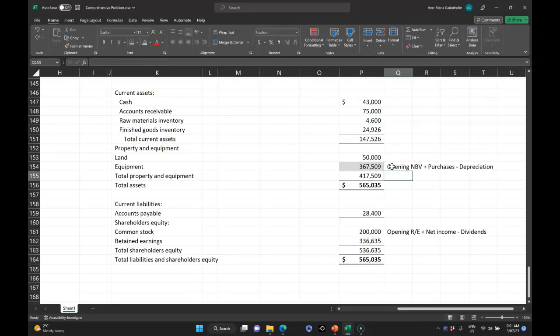And then that would give you your equipment. So I really don't want you to plug the amounts, but because they didn't give me any opening amounts, that's the only way that I could balance out this balance sheet. Okay, looks pretty good to me.